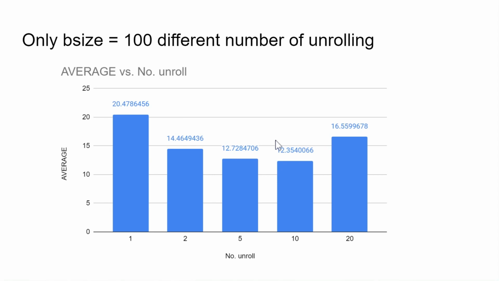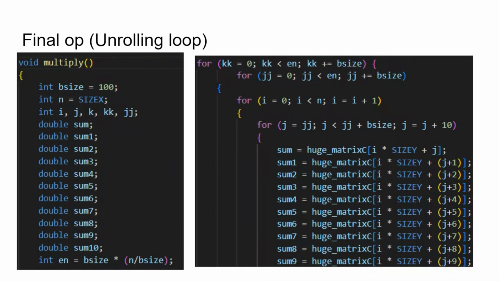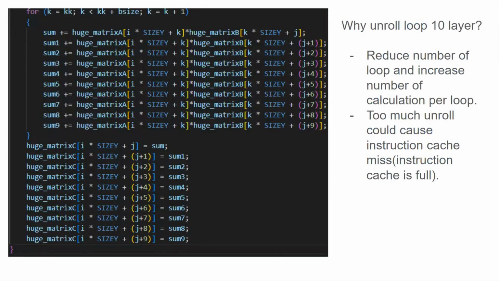So the improvement is very minuscule, but it's a good improvement. And that's basically this code here, from sum to sum9. So basically it's just doing multiple computations per loop. Yeah, that's the basic idea of it.